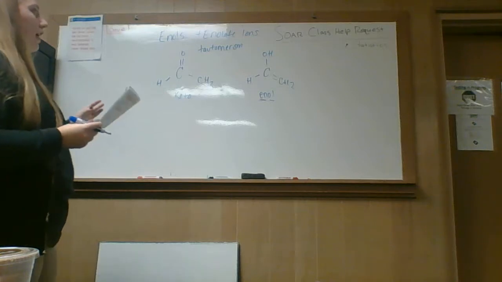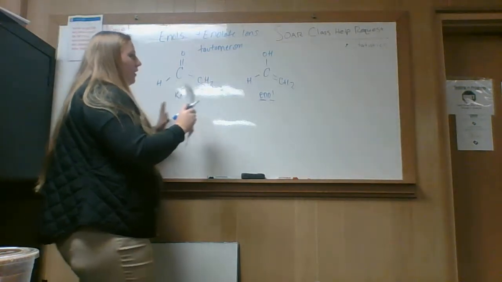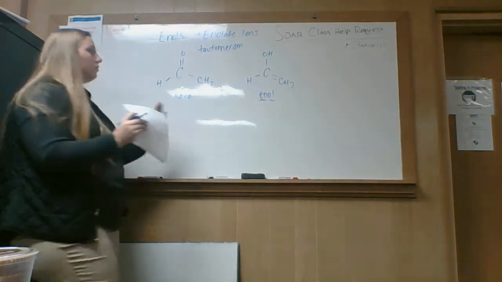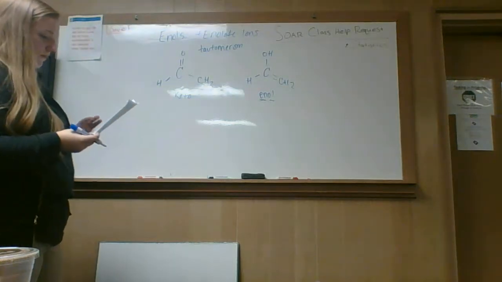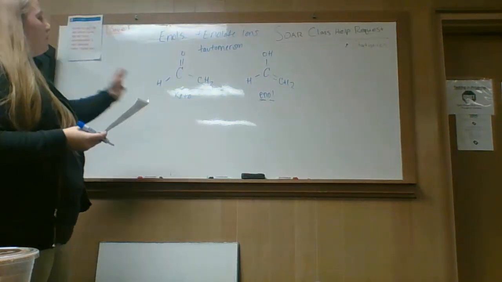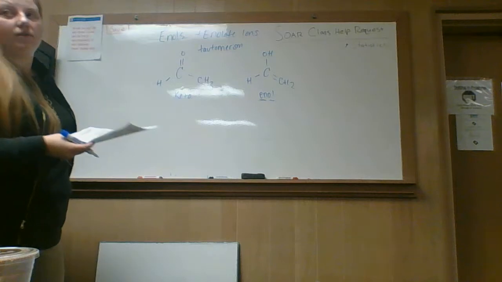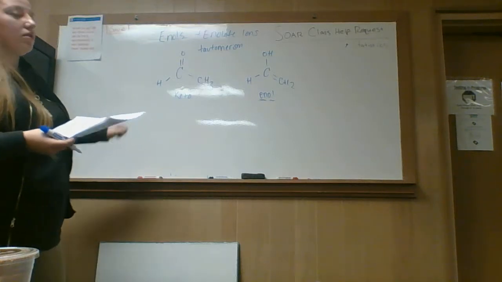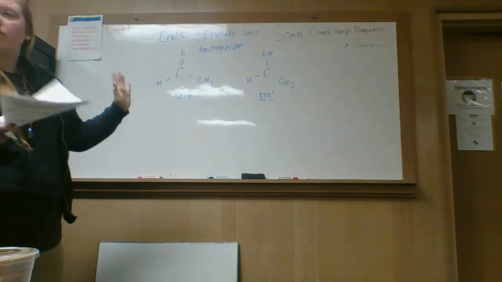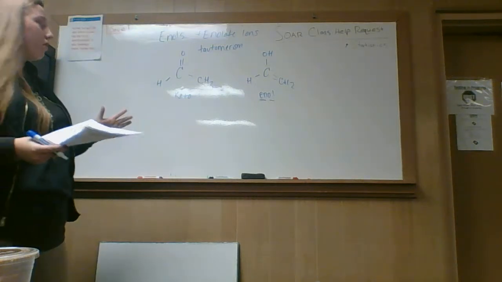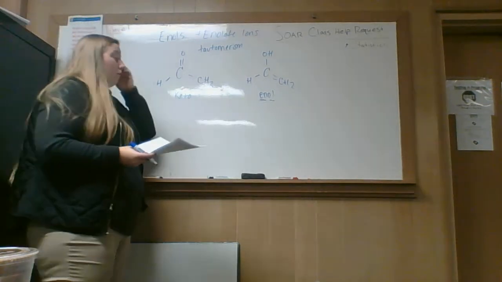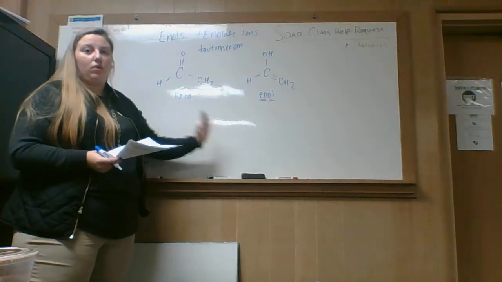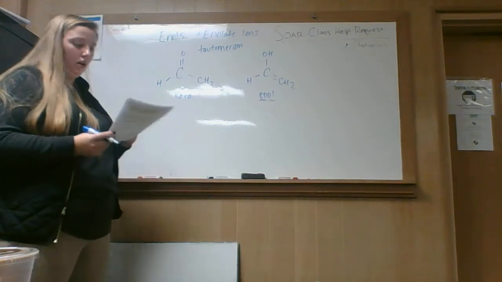This just means that bonds are breaking and reforming in this new formation. It's important to know that this is different than resonance structures, okay? With resonance, bonds aren't actually being broken. Electrons are just moving back and forth. With keto and enol, bonds physically have to be broken and reformed. It's not a resonance structure.